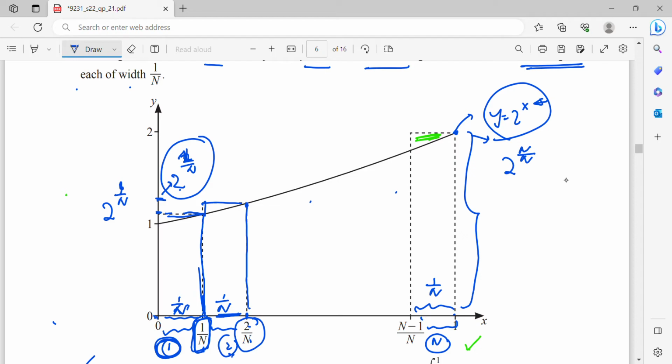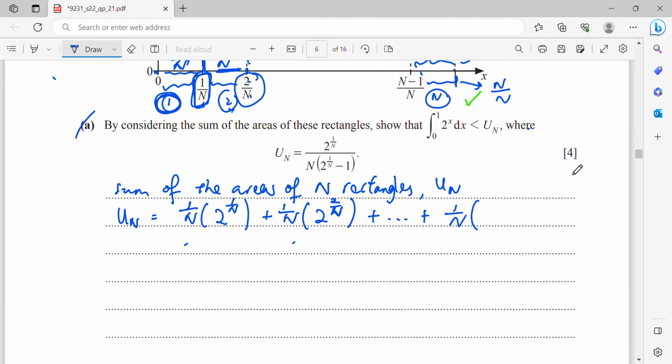So for the last rectangle, instead of 1, I will change to n over n, because this is the same. So I will write 2 to the power of n over n.